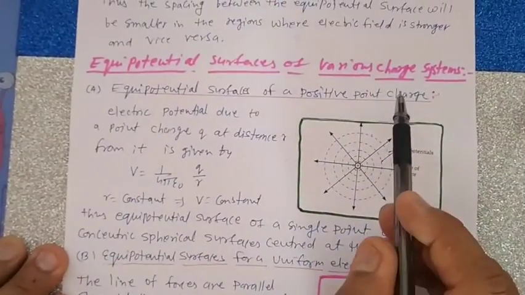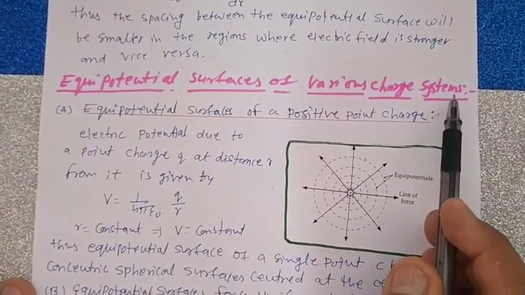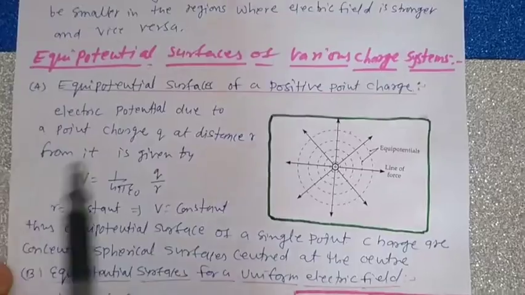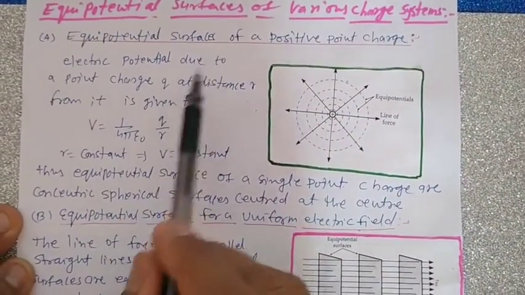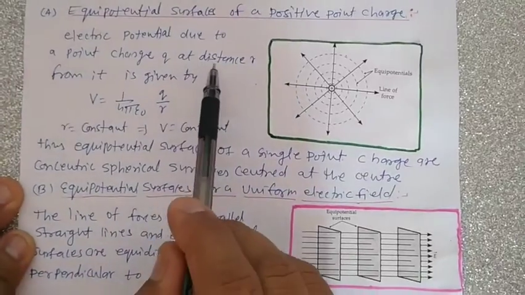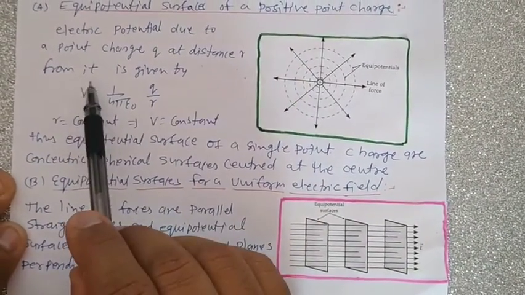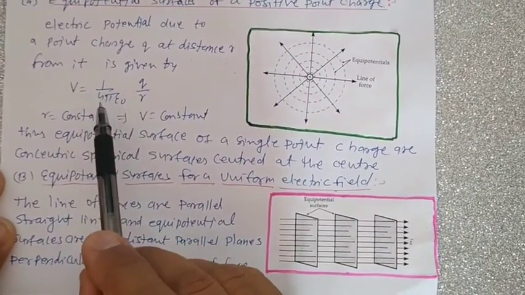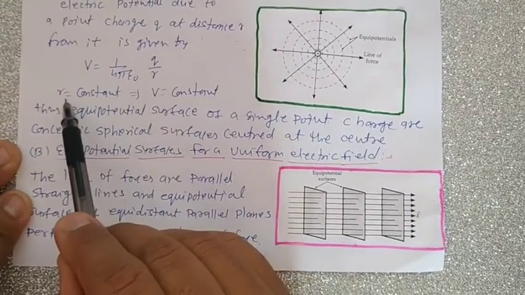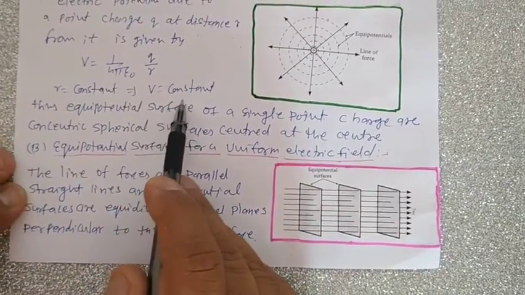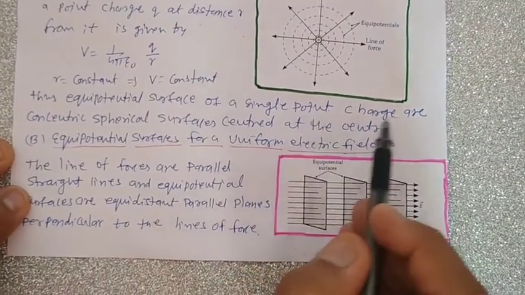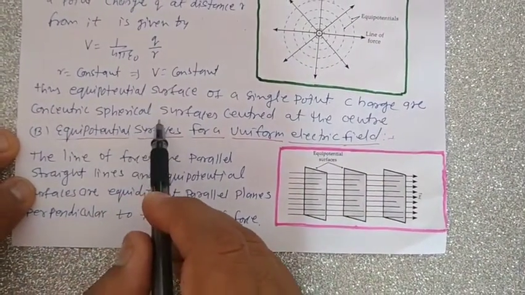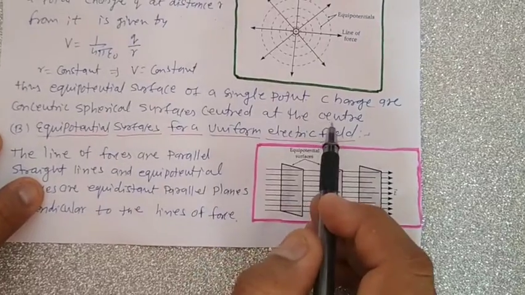Equipotential surfaces of various charge systems. First one, equipotential surface of a positive point charge. Electric potential due to a point charge Q at a distance r is given by V equals 1 upon 4 pi epsilon 0 times Q upon r. If r is constant, then V equals constant. Thus, equipotential surfaces of a single point charge are concentric spherical surfaces centered at the charge.